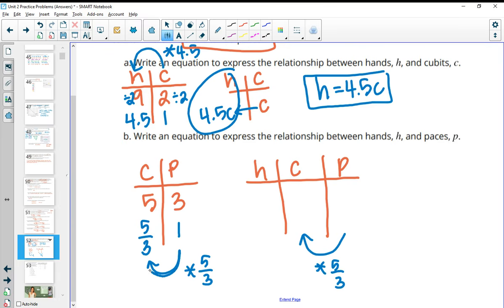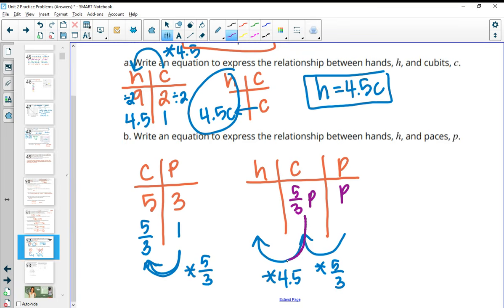Okay, that's what we found here. And then for cubits to hands, we multiplied by 4.5. So if I want to connect paces all the way over to hands, I would take the paces times 5/3, and that would get me to cubits.